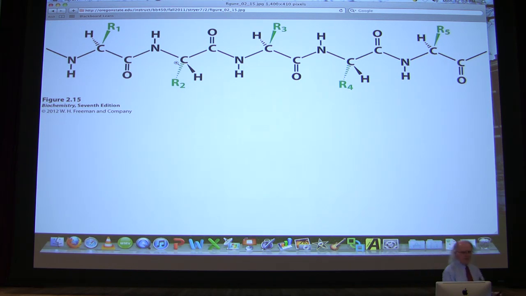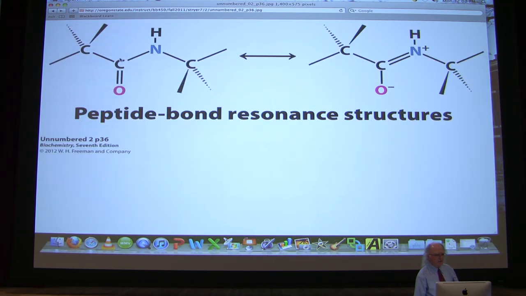Peptide bonds are interesting structures, okay? Peptide bonds are something that can form what's called a resonant structure. And you learned in organic chemistry that resonant structures arise as equivalent electronic configurations for certain atoms. The resonant structure of a peptide bond, this structure is essentially equivalent to this structure on the right.